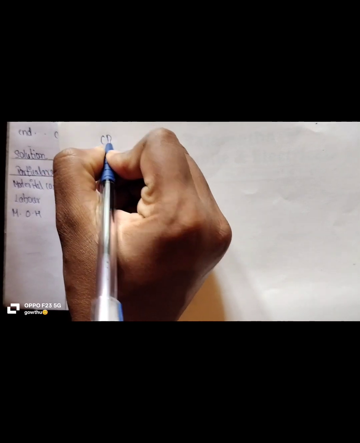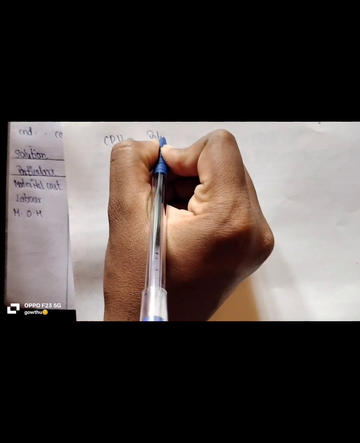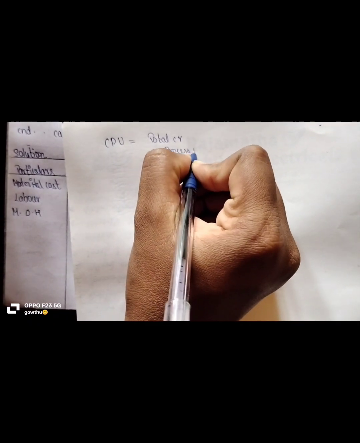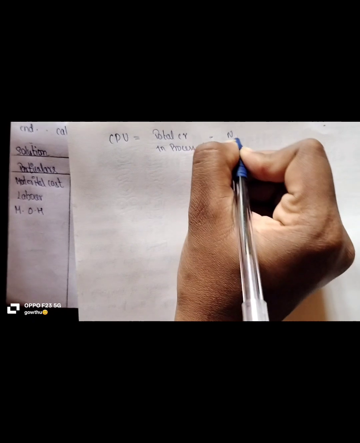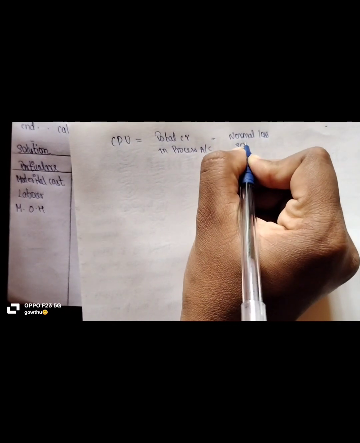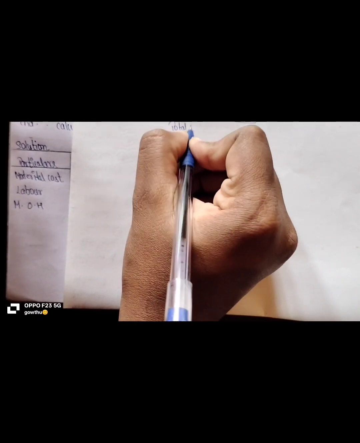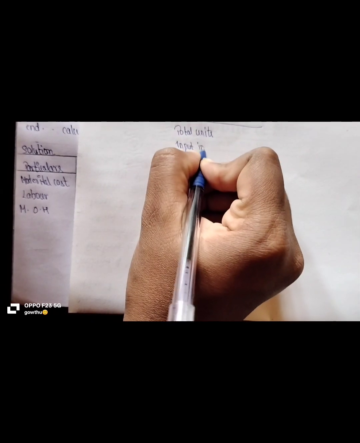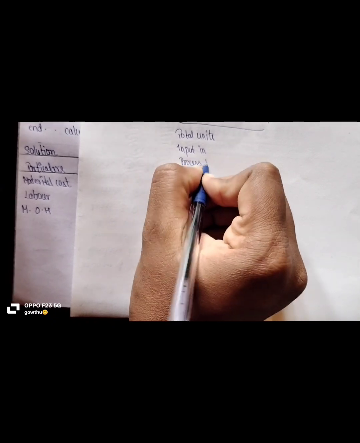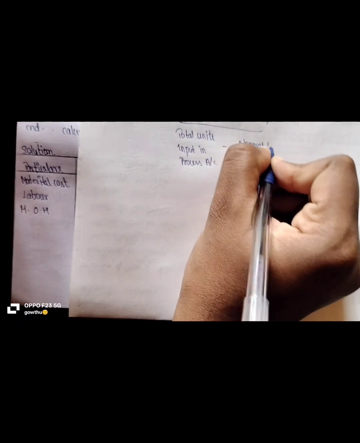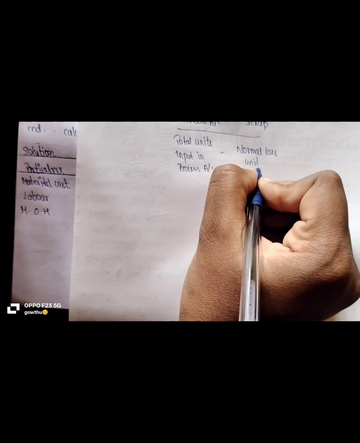That is, cost per unit is equal to the total credit side in the process account, minus normal loss scrap, divided by total units input in the process account, minus normal loss in units.